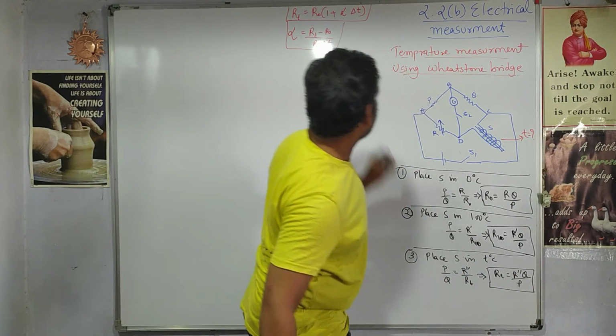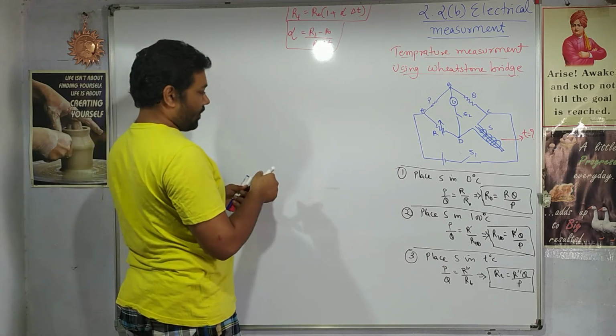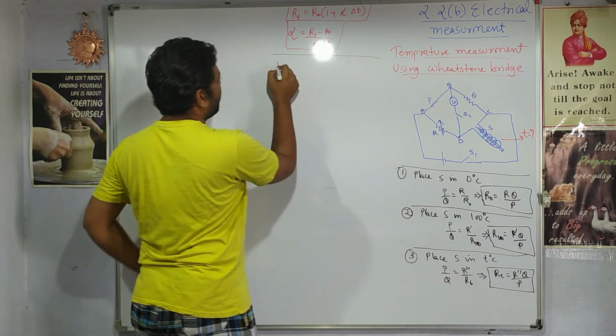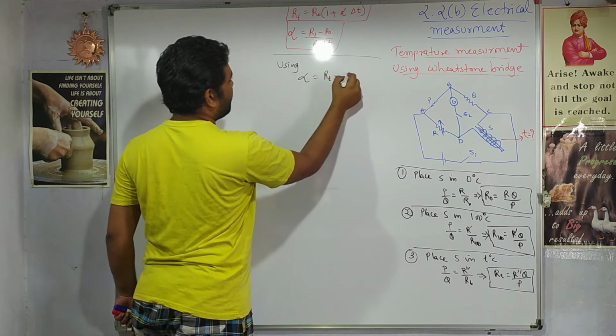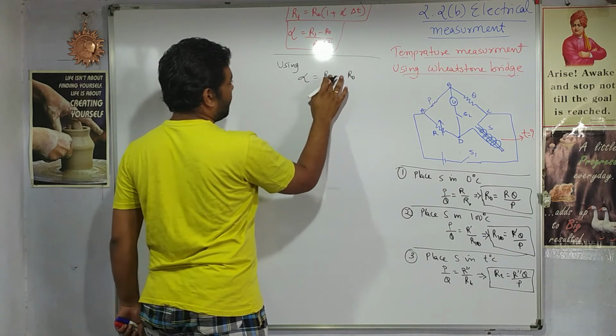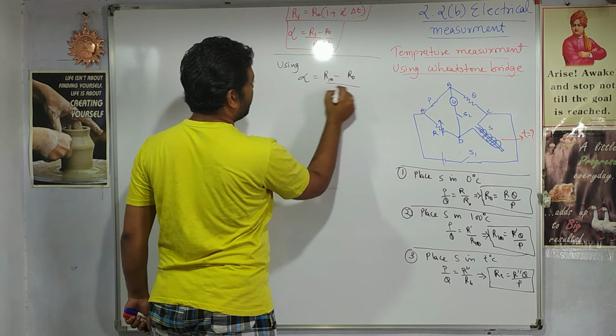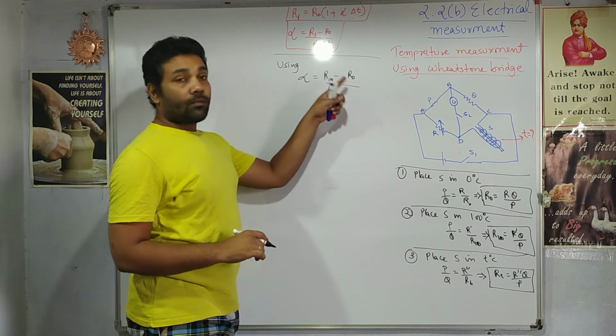Now using these formulas, first I will use alpha is equal to R100 minus R0 upon R0 into the change in temperature, from 0 to 100.